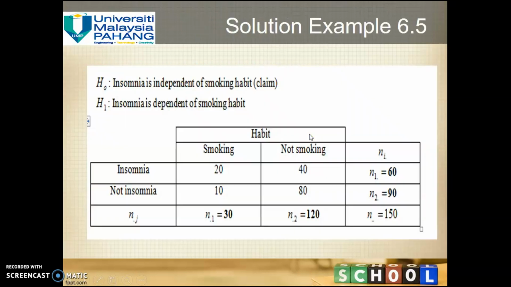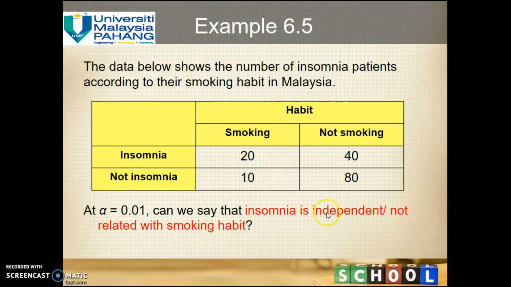Okay, so step 1, hypothesis. H0 is fixed already: insomnia is independent of smoking habit. The hypothesis here, you can follow the keyword in your question, or you can use not related or relationship. It's up to you.